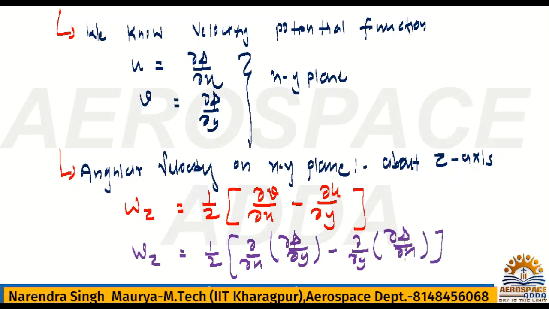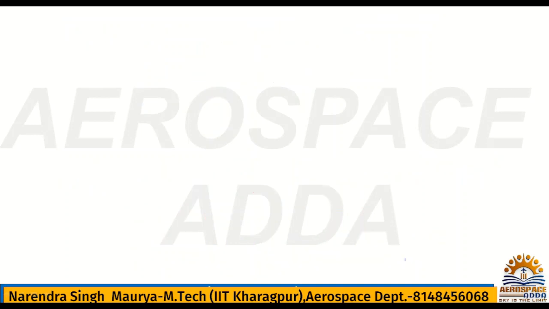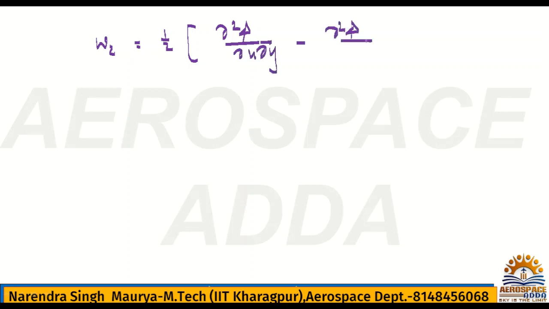Okay, then next will be what? Take, multiply and all. So it will be 1 by 2 dou square phi by dou x dou y minus dou square phi by dou y dou x.